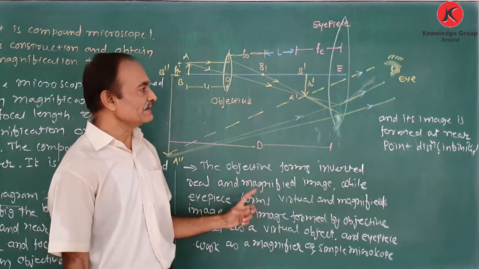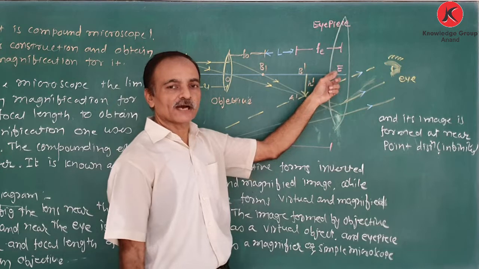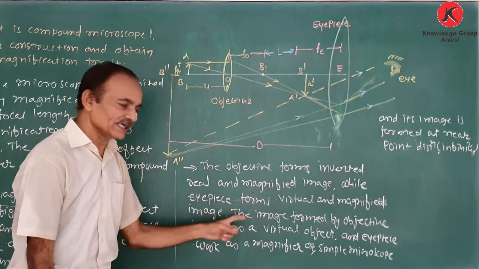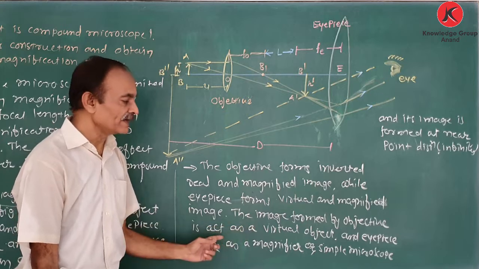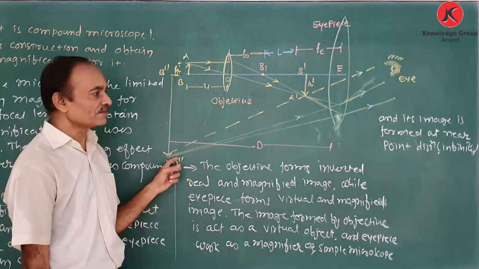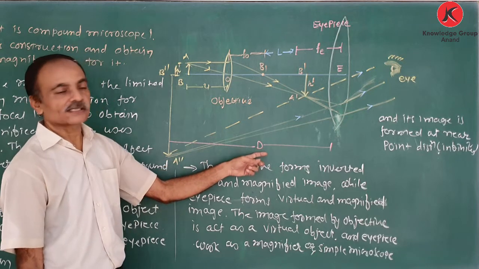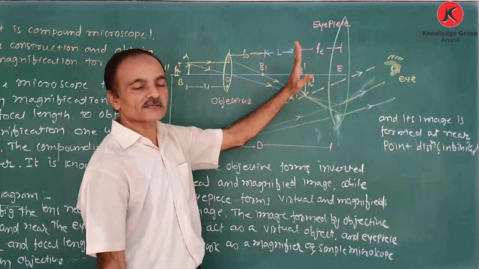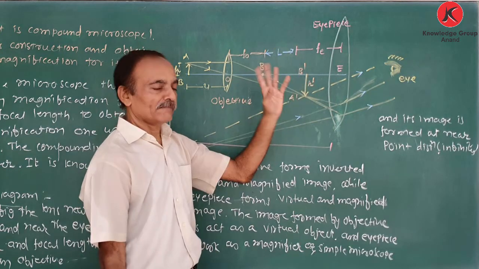This image acts as a virtual object for the eyepiece. The eyepiece here works as a simple microscope or magnifier, and the final magnified image is obtained at infinite distance or the near point distance by the eyepiece. So this is the working of a compound microscope.